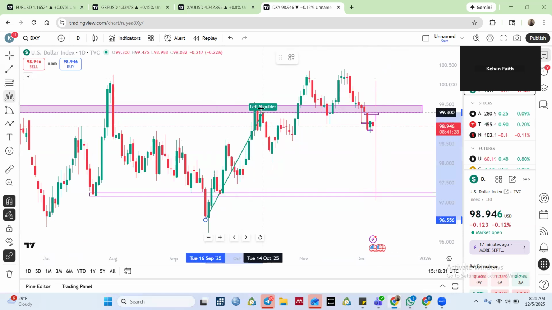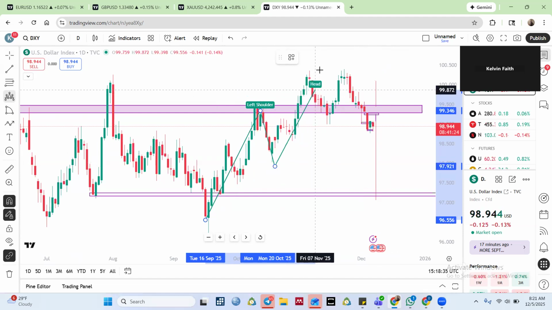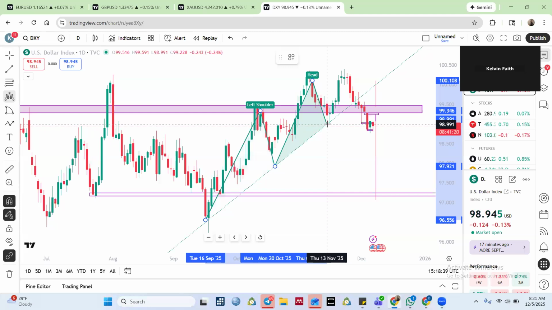We have a high, low, higher high, then a neckline, neck tested. Price pushes up again, breaks the neck.